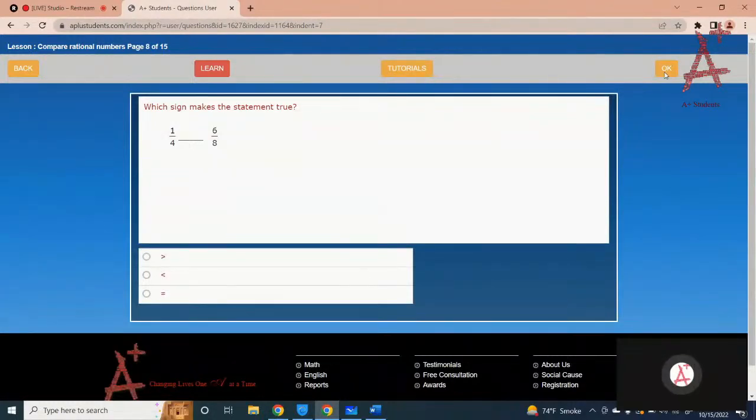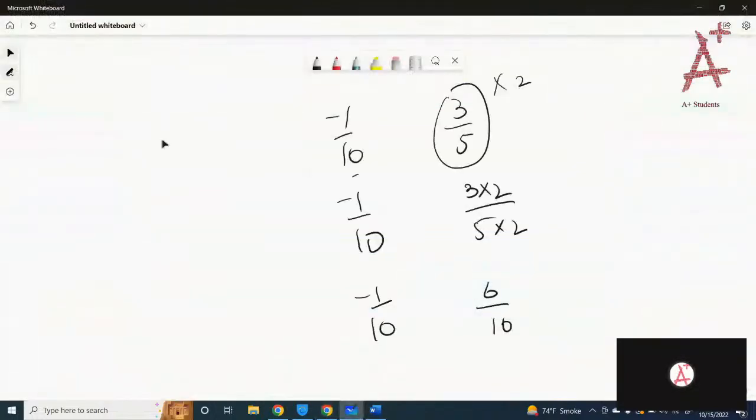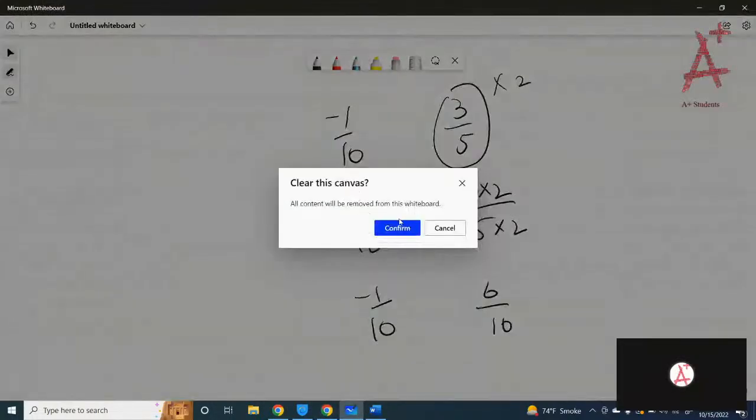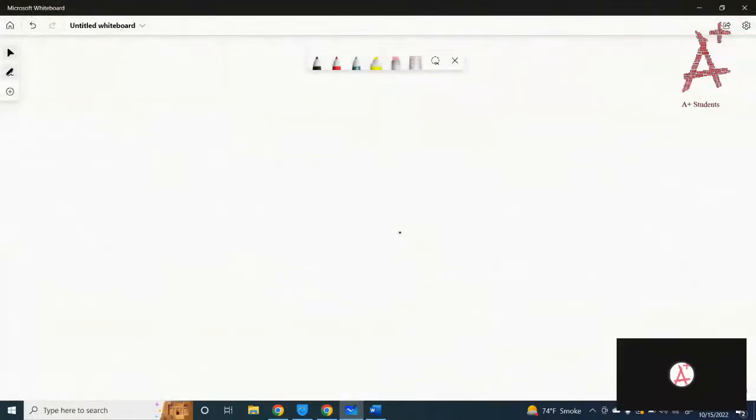Which sign makes the statement true? 1 by 4 and 6 by 8? So 1 by 4, you have to make their denominator the same. Let me write it down on the board. 1 by 4 and 6 by 8.